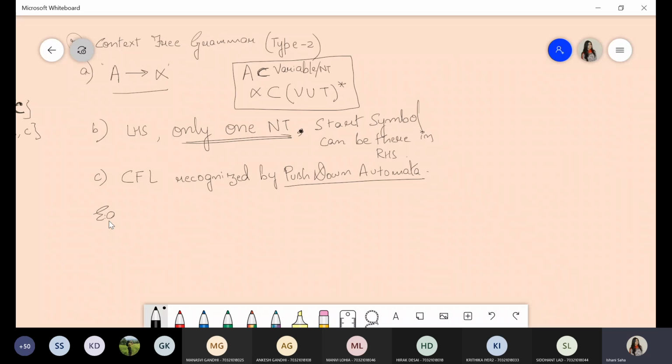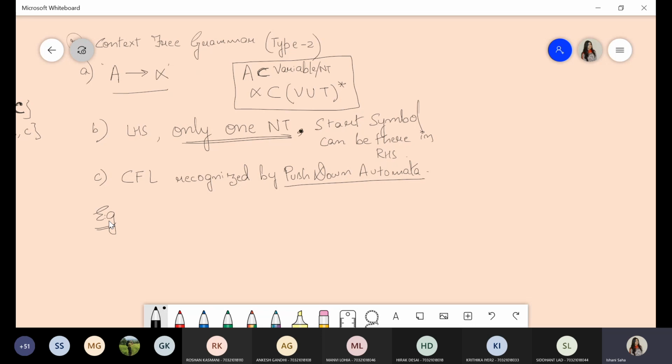Excuse me, ma'am, can you repeat the part that if all four automata are given, and we are asked what recognizes a CFL, do we need to mention just push down automata or all, because all recognize it, right? Since the hierarchy is so, all the above in the hierarchy, that is a linear bounded automata or Turing machine, can recognize a context free language, but the least powerful that can recognize a context free language is a push down automata.